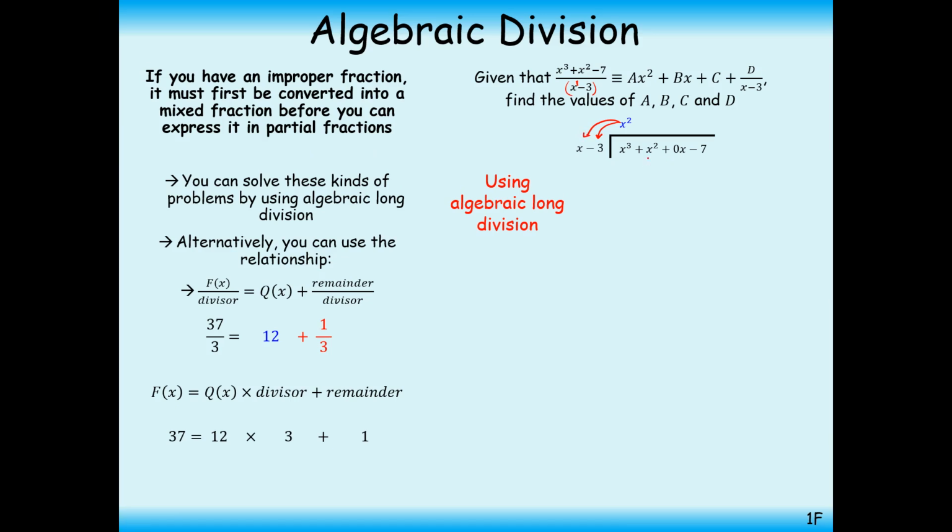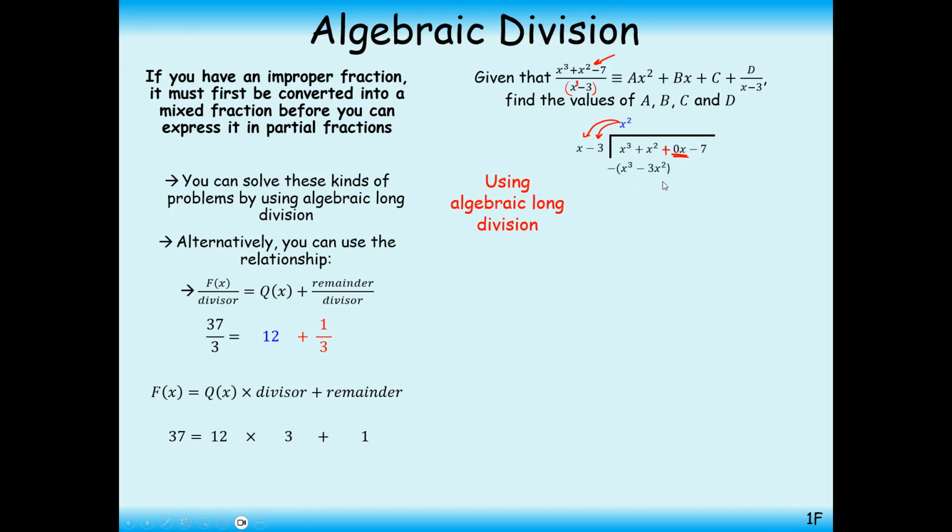Notice there was not a 0x in our question here, but we put a 0x there as a space filler. We need to make sure that it's there so that everything lines up properly.